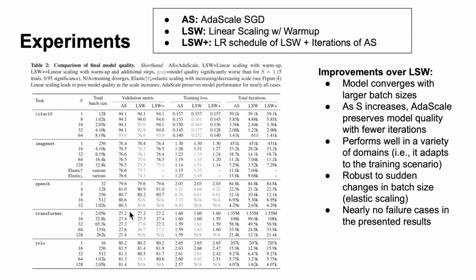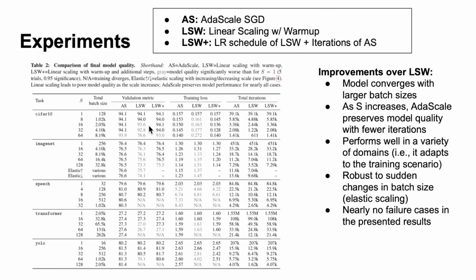And this is true for very large batch sizes. Like here with the transformer experiment, we get up to a batch size of 262,000, which is pretty significant. When you compare this to the linear scaling rule, you see that you quickly get deteriorated performance as you scale up the batch size, even in CIFAR 10.